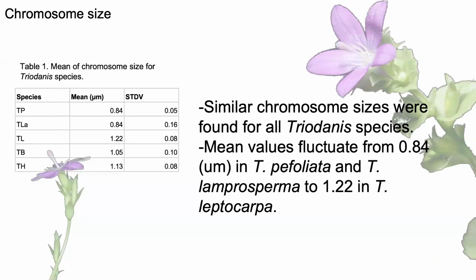For now, we just randomly picked 5 chromosomes in 5 cells and estimated a mean. We found similar chromosome sizes in all the species of Triodanis, with mean values from 4.84 micrometers in perfoliata to 1.22 in leptocarpa. So these are pretty small chromosomes.